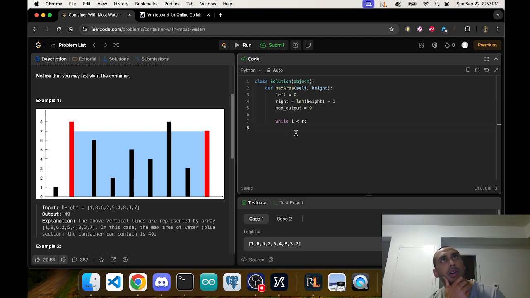So while L is less than R, I want to go height at L. So the output would be height at R minus height at L, and then plus 1 for distance, and then I want to multiply that, so the distance times the greater height.